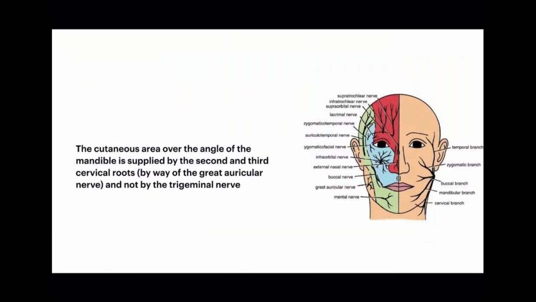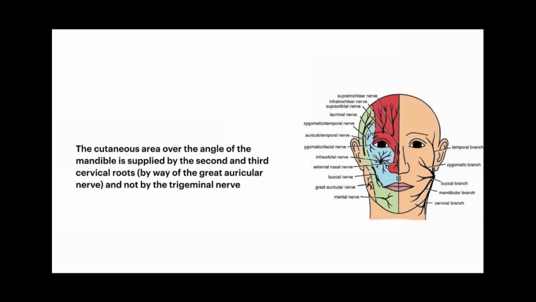Just keep in mind that the cutaneous area over the angle of the mandible is not supplied by the trigeminal nerve, which you can see on the left side of the guy's face with the normal skin color. This is supplied by the second and third cervical roots from the cervical plexus and not by the trigeminal nerve.